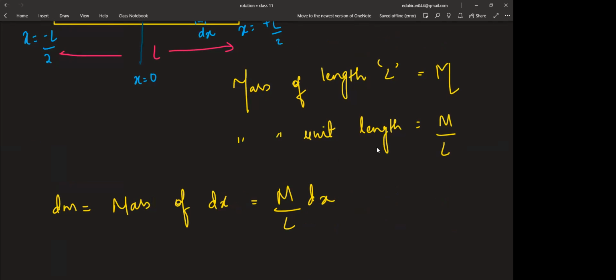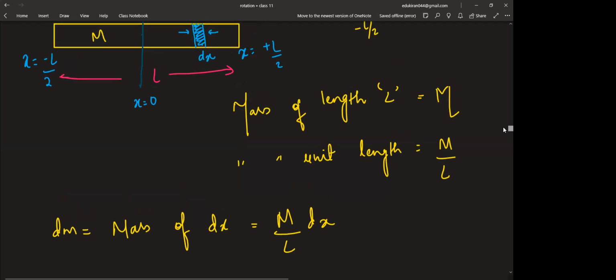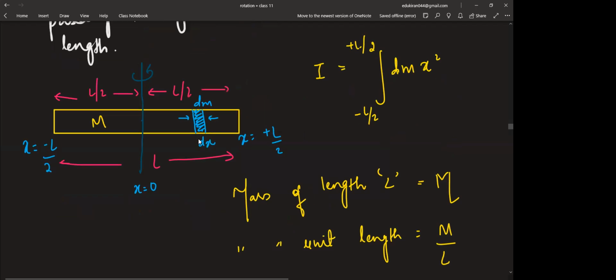If I say for 1 meter the mass is m, then for 2 meters the mass will be 2m, for 3 meters, 3m. So if the mass for unit length is M by L, what is the mass of dx? Mass of dx is M by L into dx. But the mass of dx is dm. It means we have found the value of this dm.